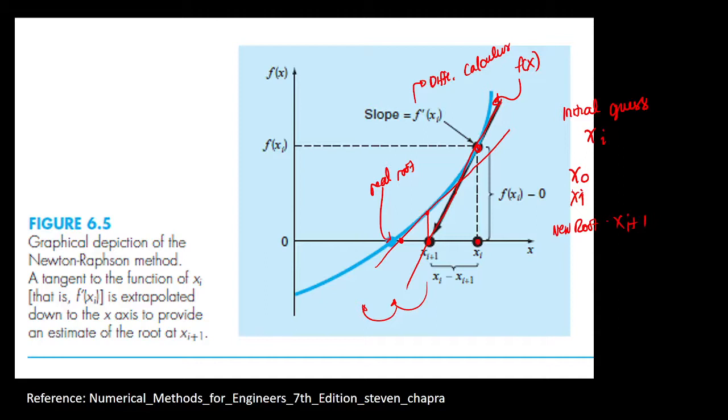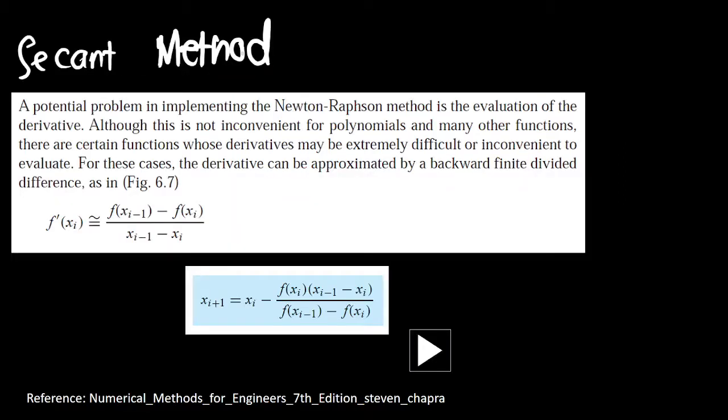Okay, so let us proceed. So in secant method, same idea, no, we are copying the formula from the Newton-Raphson, but notice that we have substituted the value of your derivative function.